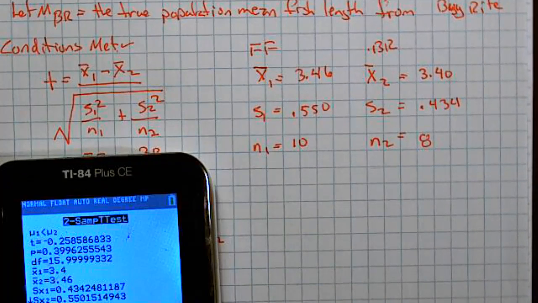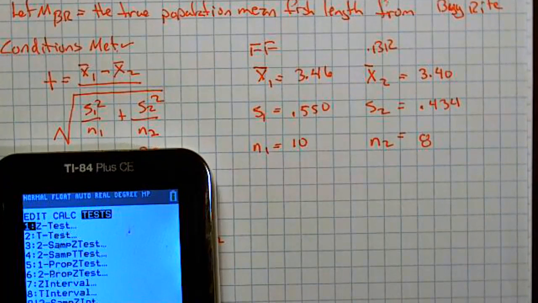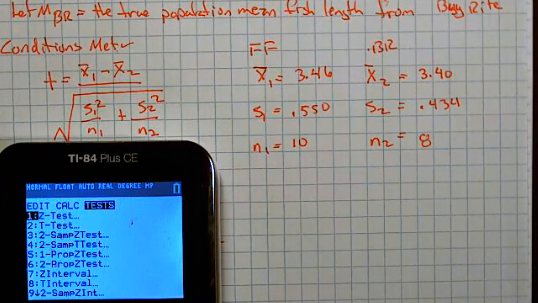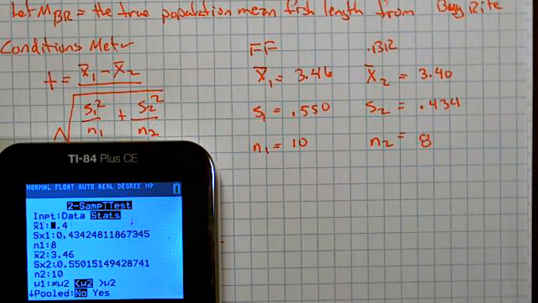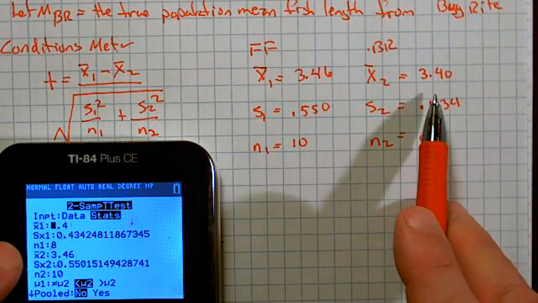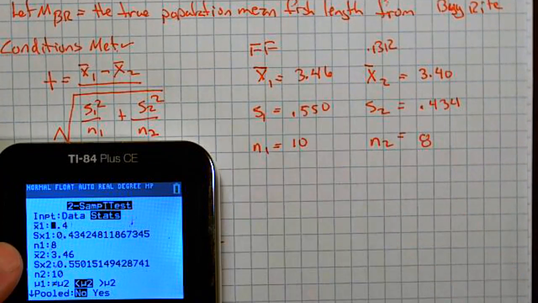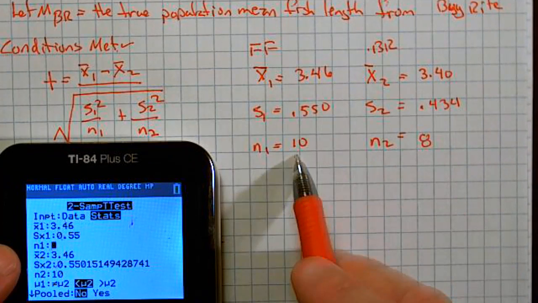So let's go ahead and start plugging that information into the calculator. We're going to go STAT, TESTS, and scroll all the way down to 2-SampTTest, which is number 4. Highlight the word Stats, because I use the stats. And I have 3.46, I have a standard deviation of 0.550, and my sample size is 10.